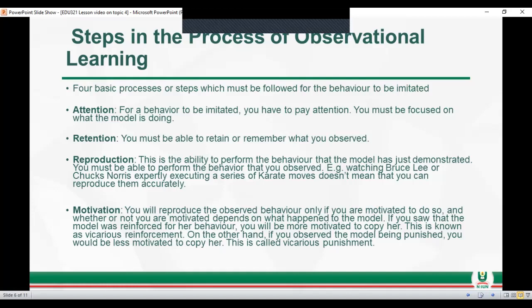Also, if you watch that model and that model received reinforcement for the behavior he or she displayed, you'll be more motivated to copy that behavior. So the factor of motivation is necessary to reproduce an observed behavior.